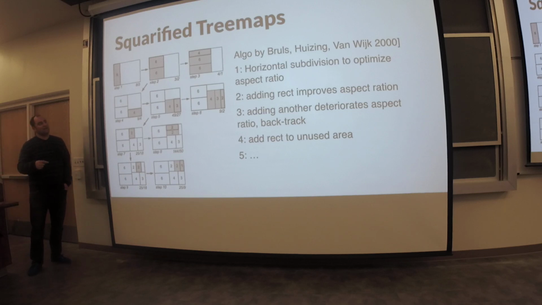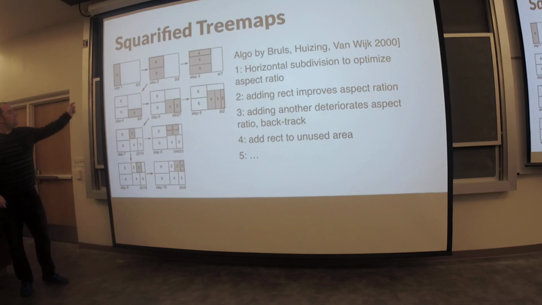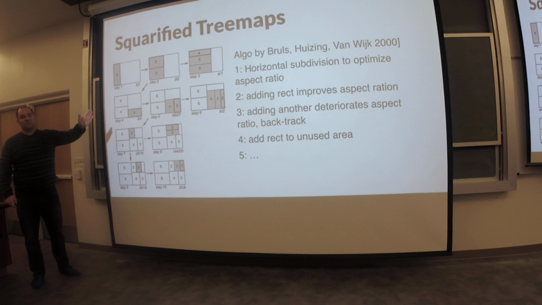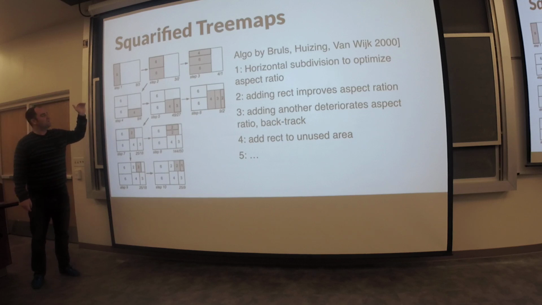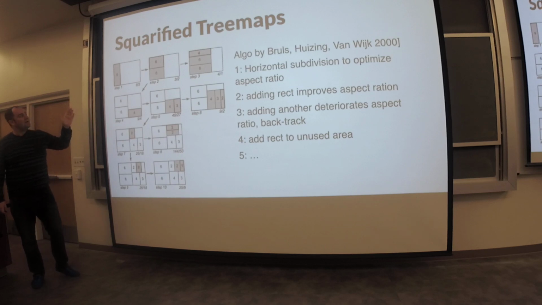They start by taking the largest leaf and adding it here. And they chose to split it here horizontally because if they added this vertically, the aspect ratio would be worse. This is how they make the decision to split it horizontally first.